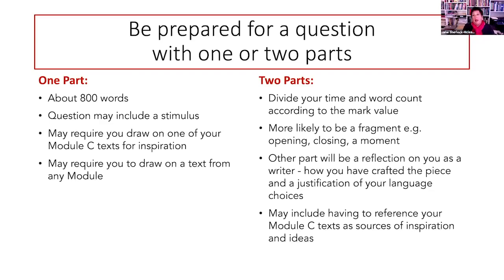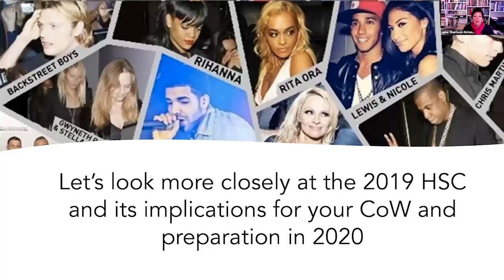If it is a two-part question, it's more likely a fragment, a moment, an opening. And then the other part will be how well you have crafted the piece, how you critique yourself as a writer. You may be asked to specifically refer to some Module C text, or you may be asked for a more general focus on the craft of writing. So let's look more closely at last year's paper so that we can see the sorts of things that you can expect.